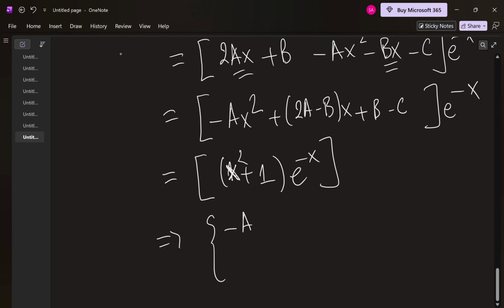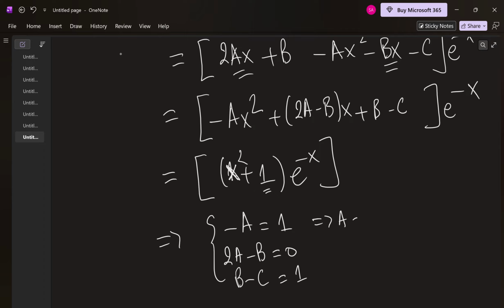Now by identification we have minus a should be equal to 1, and 2a minus b should be equal to 0 because we don't have x here, and b minus c should be equal to 1. The first one leads to a equal to minus 1. We substitute a in the second one, it becomes minus 2 minus b equal to 0, so b is equal to minus 2, and we substitute b in the third equation, we find minus 2 minus c is equal to 1.